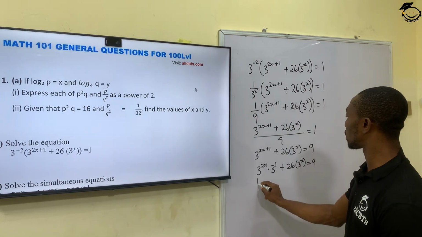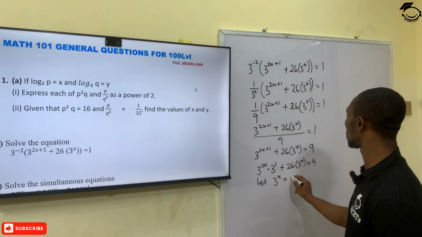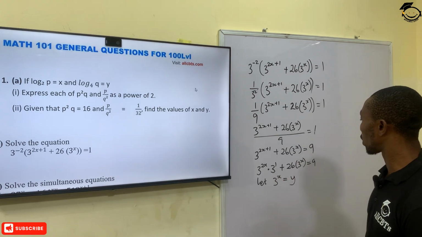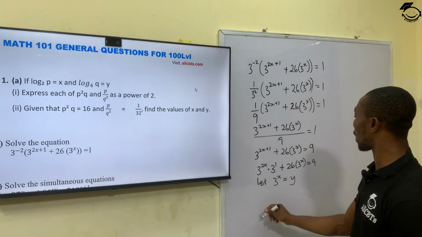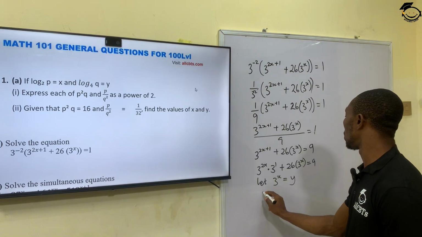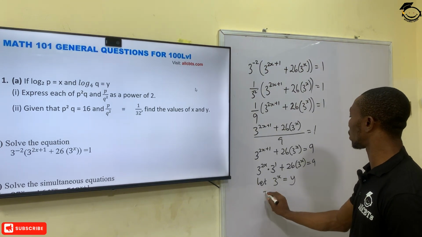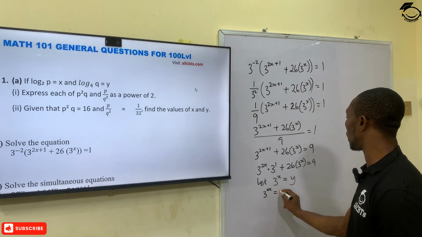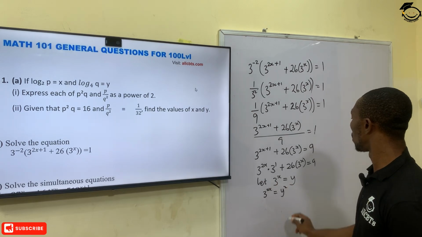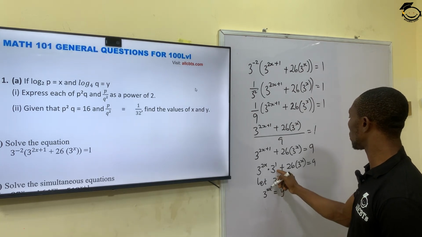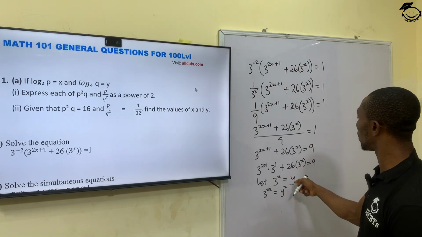So from here, let 3 raised to the power x equals y. Having it as this, our 3 raised to the power 2x would be y raised to the power 2. This is 3 raised to the power 1. Then our 3 raised to the power x will be y.